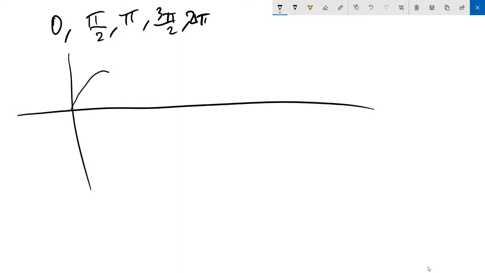So I know that if we drew a sine curve like that, that's a horrible sine curve, this would be at 2 pi. And then we know that because this is the same as this, just flipped over, this is the halfway point, so this is pi. And then I would know that there's a peak over here at the halfway point as well, so that's pi over 2. There's a peak over here as well at the halfway point, that's 3 pi over 2.